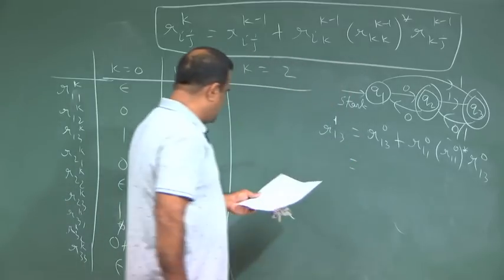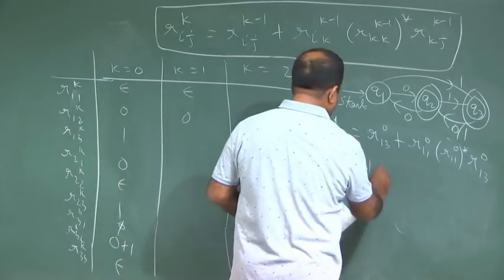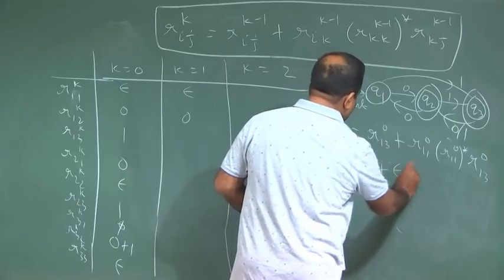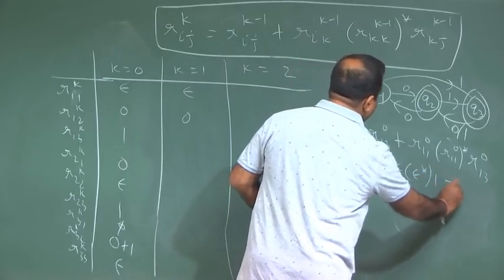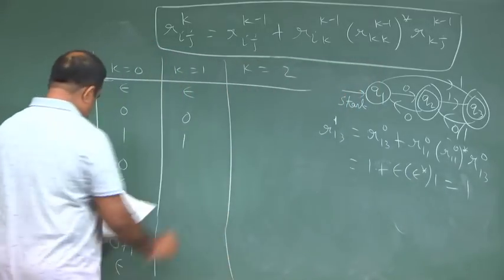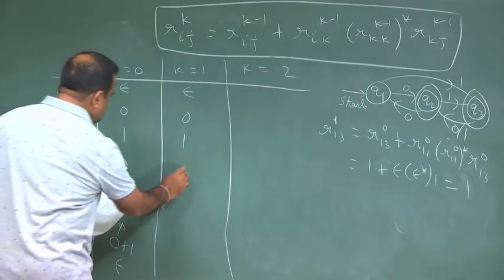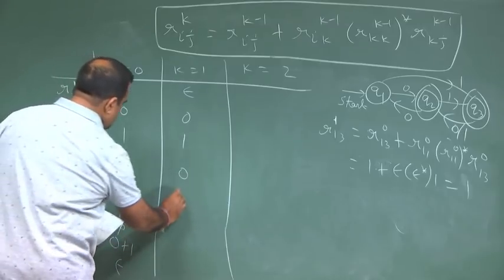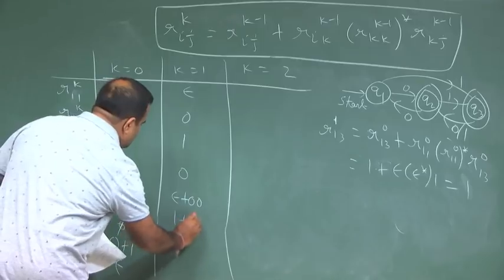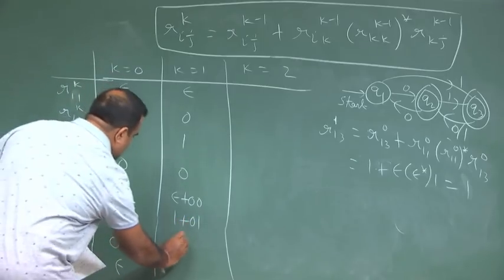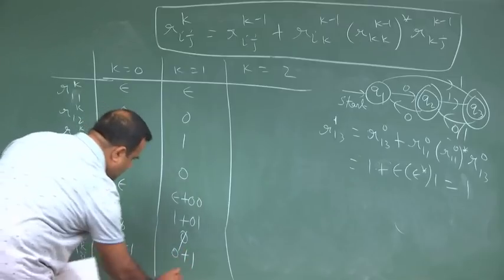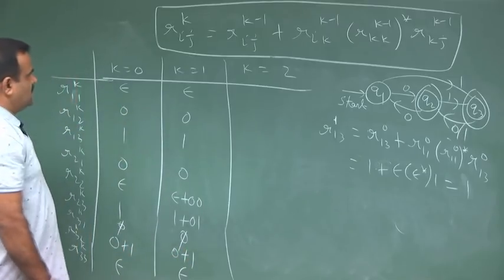If we put in these values, we get 1 plus epsilon, epsilon star 1, which is 1. Similarly, we can continue and we will get these values: 0, 0, 0, 0, 1 plus 0, 1. You can easily verify this, 0 plus 1, epsilon. So this part is done.